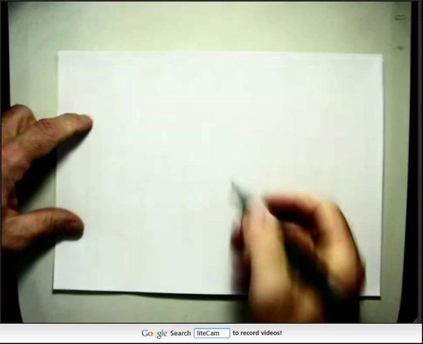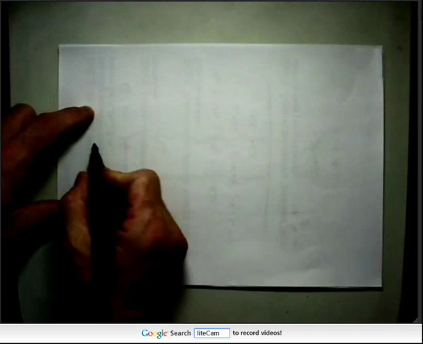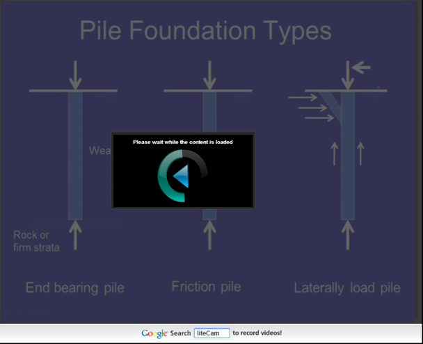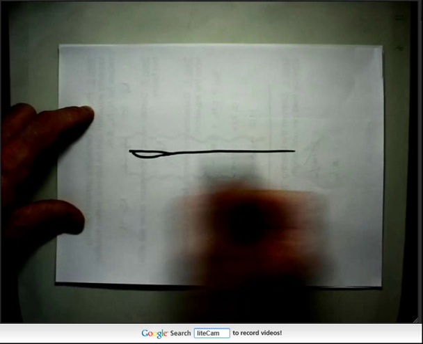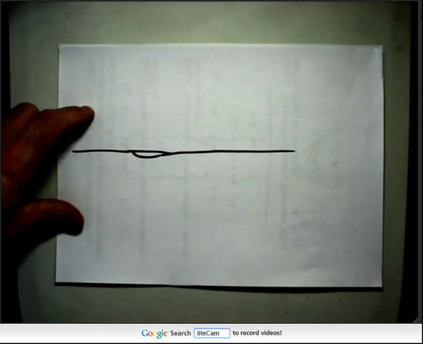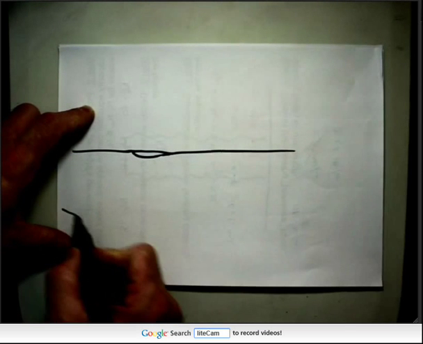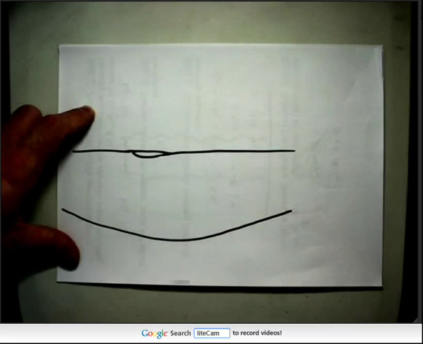Sort of situation I'm talking about now is, there's perhaps your river channel. There's your soft alluvial soil, and maybe this is the gouge channel in the firm strata.